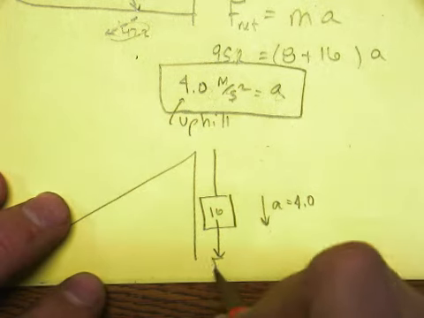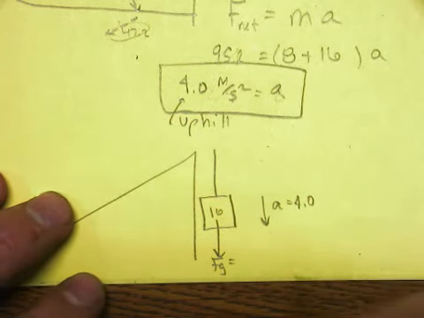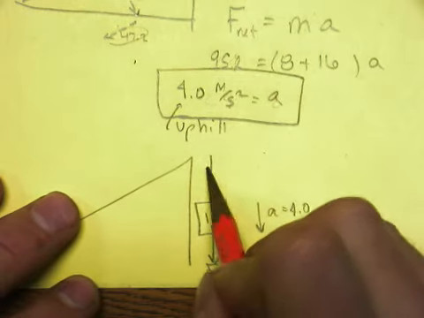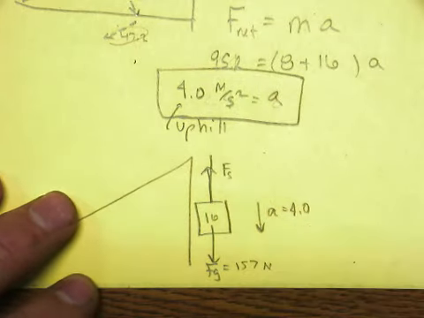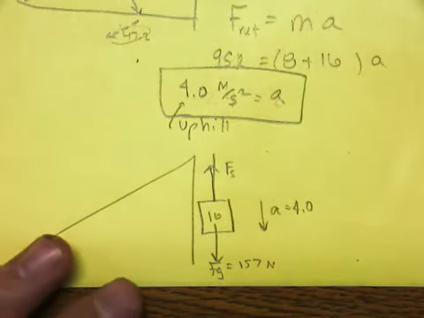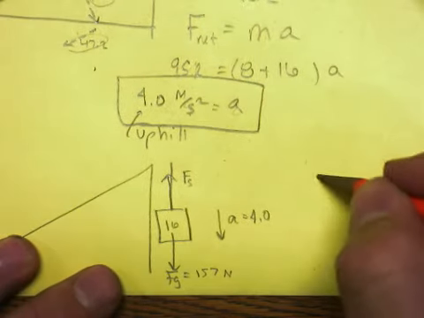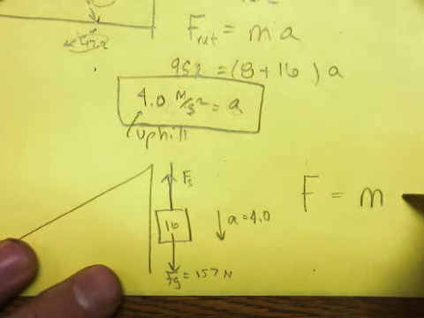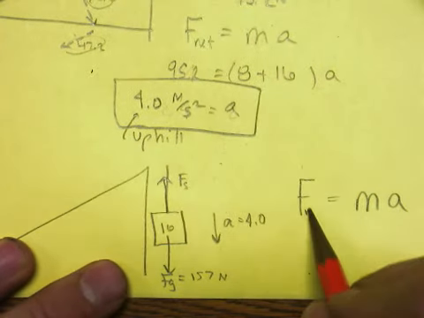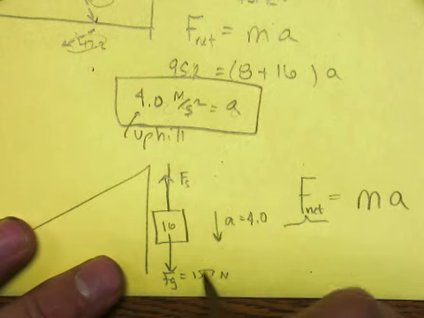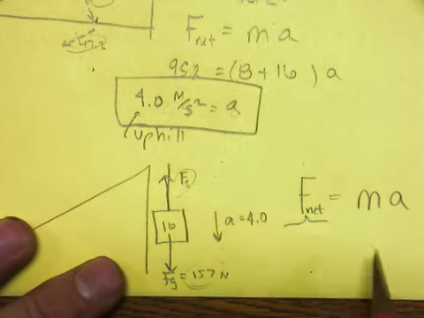So gravity pulls it down at the 157. And then there's the string pulling it up. This is just like the elevator problems from last chapter. So you're going to use F equals ma. Make sure you use the net force, because we got two forces here, 157 and the string.